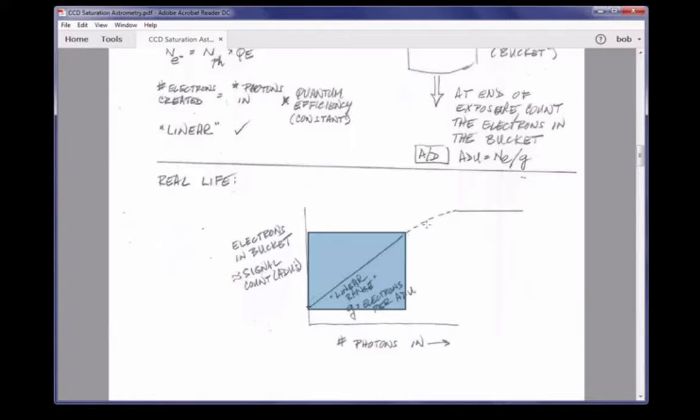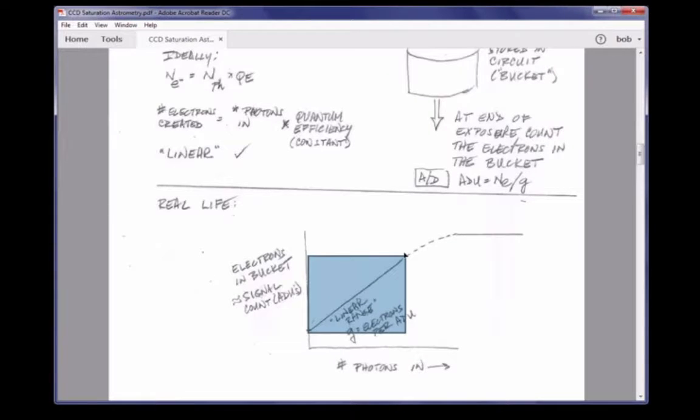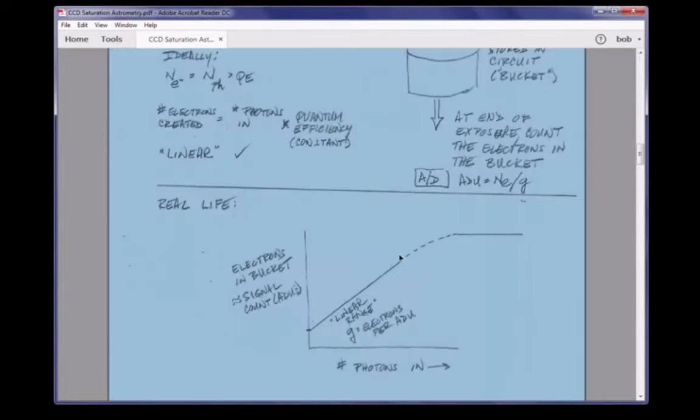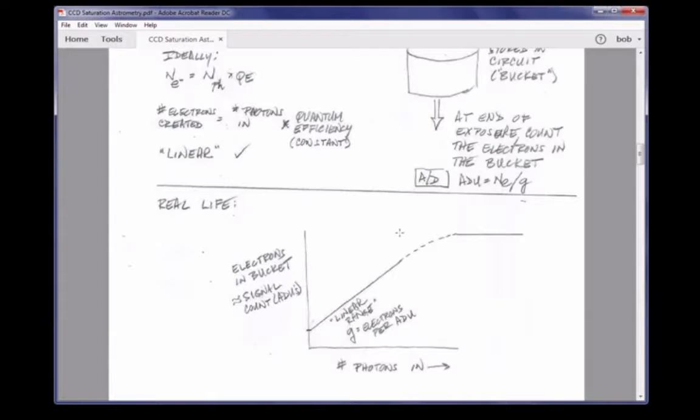But then at some point, the buckets that are collecting the electrons from that pixel start to fill up. And as the bucket gets full, the probability of another electron going in starts to drop. And so you'll see this area where the response is now deviating.